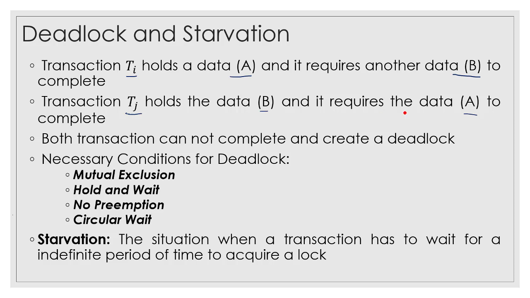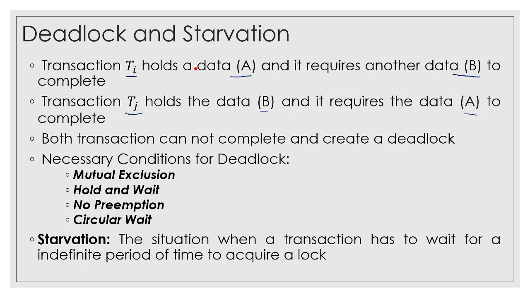Data item A is held by transaction Ti. So neither of the transactions can complete its job because they are dependent on each other, and as they cannot complete their job, it creates a deadlock in the schedule.